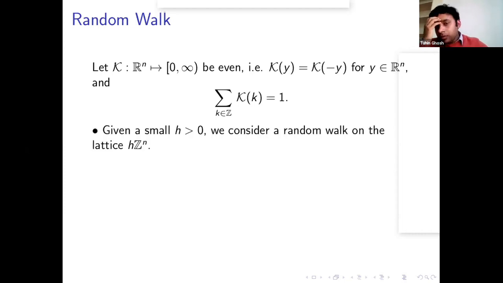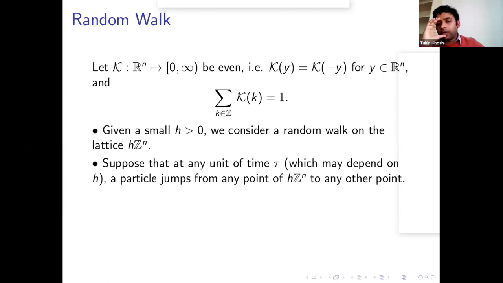So now what we'll do is, you give me a small h, and then we'll consider the random walk on the lattice Z^n. This h is with respect to the space, and then you need to give me a unit of time that I will scale, which I'm calling tau.